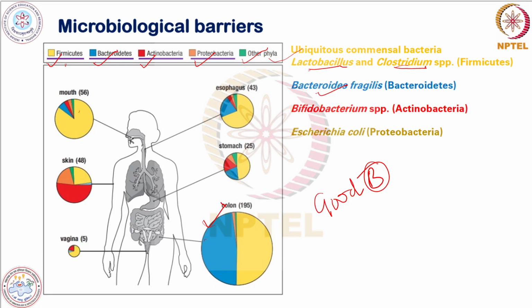The next one is actinobacteria, which includes the bifidobacterium species. It is majorly found in the skin. An example of actinobacteria is bifidobacteria, and it supports gut health and prevents infection. The next one is proteobacteria, an example of which is E. coli, which is commonly found in most of our body, but is majorly present in our gut.